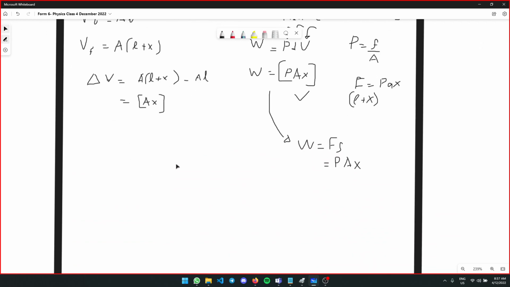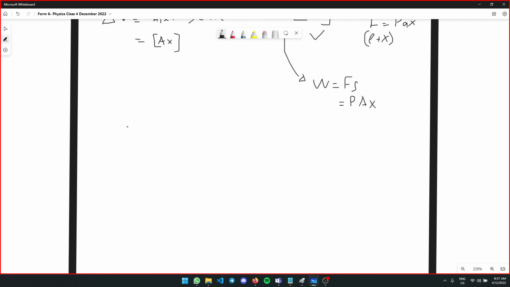Let me scroll again. Okay, work done. Another way you can write it is pressure times the change in volume. I think you remember in your chemistry, PV equals nRT, either T changes or V changes. What is the SI unit of PV?